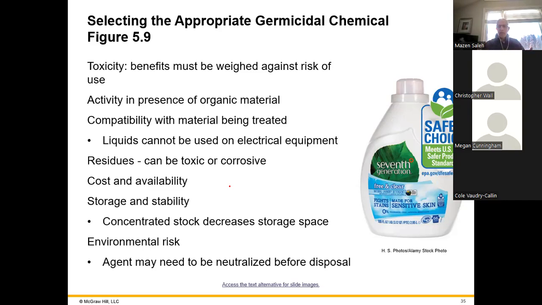And it can be corrosive and actually damage the surface itself if left there for extended periods of time. Cost and availability, storage and stability are secondary factors that one may take into consideration.